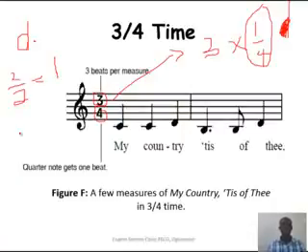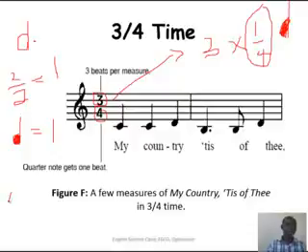Alright, let me explain again. Let me use a quarter note so that you can understand. Considering 4/4 or 3/4 time signature, a quarter note has a beat value of 1.